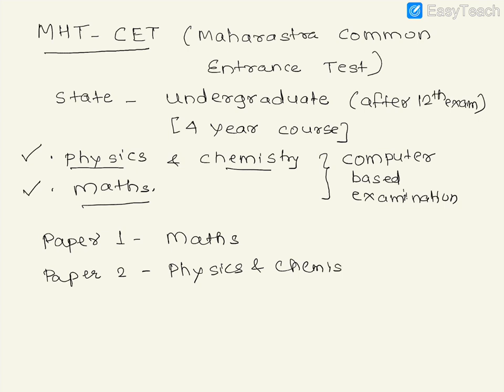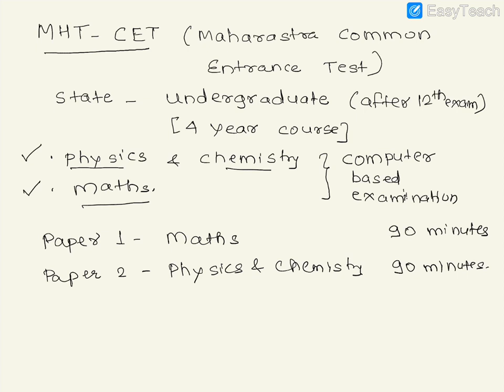Now how much time is given for these papers? So for each paper they give you 90 minutes or 1.5 hour. So 90 minutes or 1.5 hour is given for each paper. Okay, and these papers have a number of questions.